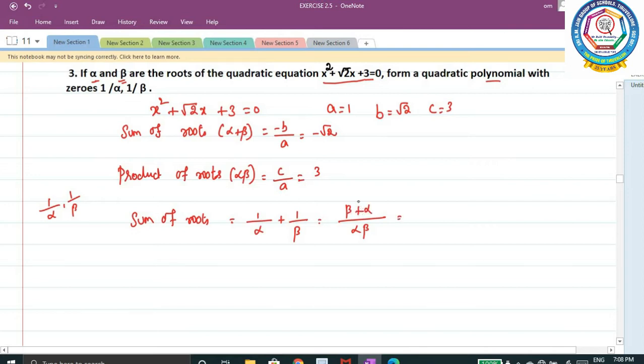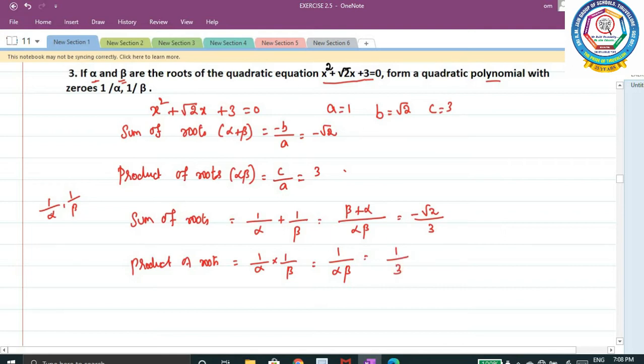Alpha plus beta and beta plus alpha are both the same. What is alpha plus beta? We got minus root 2, by alpha beta, 3. Then product of roots we have to find. Product of roots equal to 1 by alpha into 1 by beta, equal to 1 by alpha beta. So 1 by alpha beta, we got it as 1 by 3.